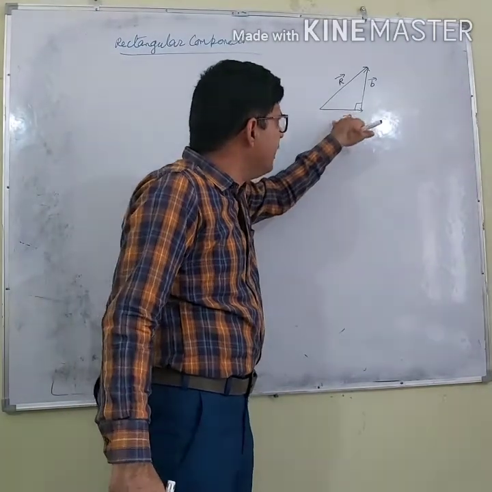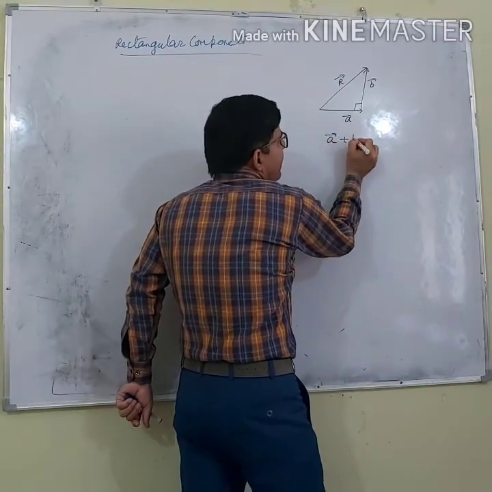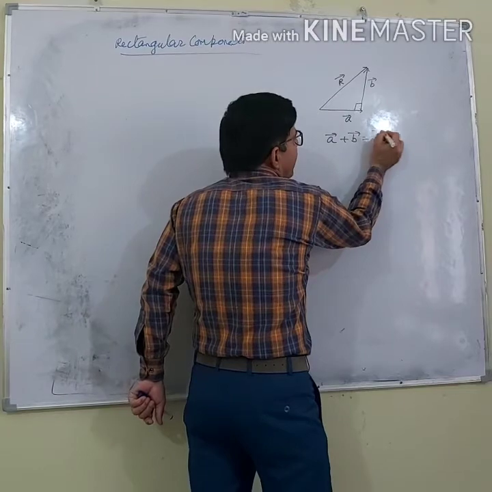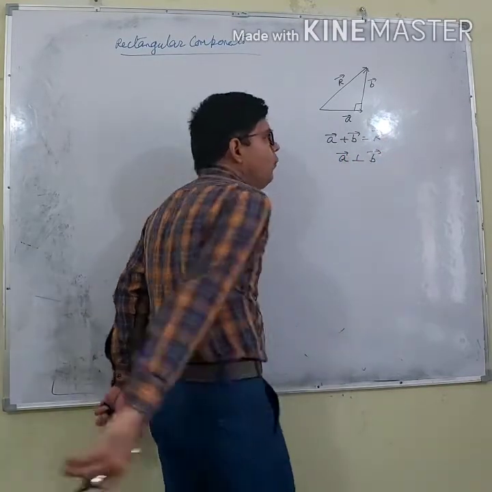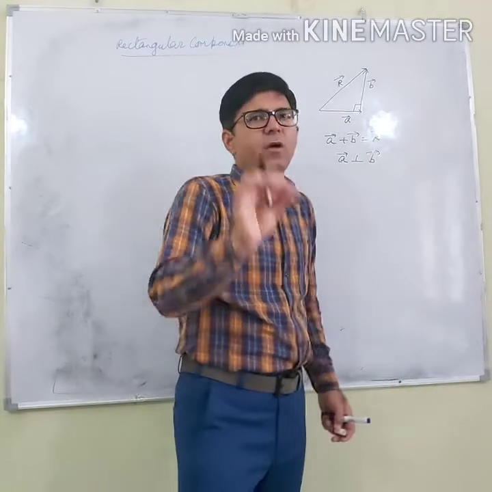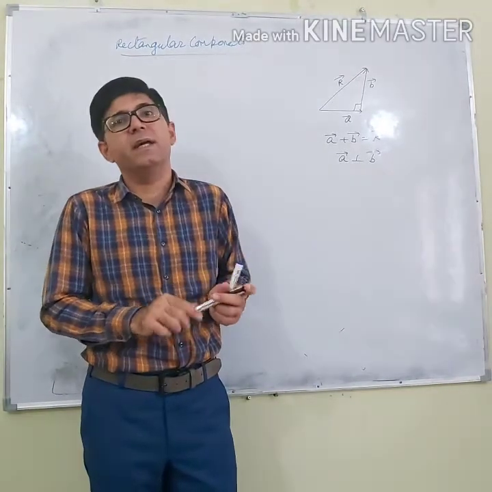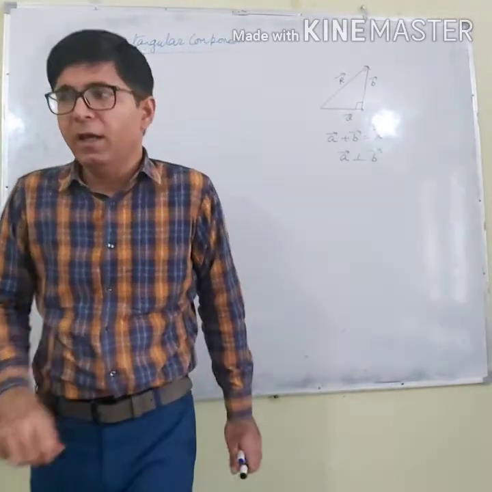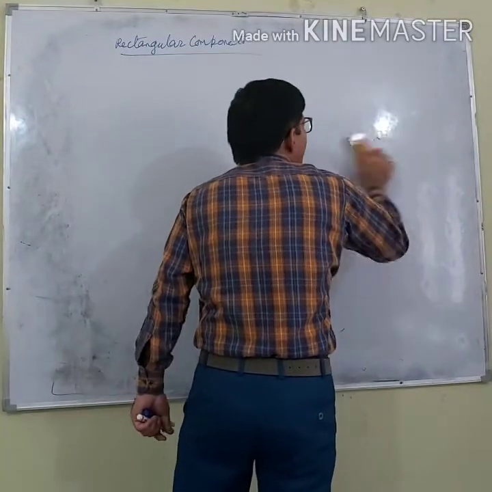Because A and B, when I add, will give R, and A is also perpendicular to B. So what are the rectangular components? The components of a vector which are perpendicular to one another are called the rectangular components. And this is very, very important.